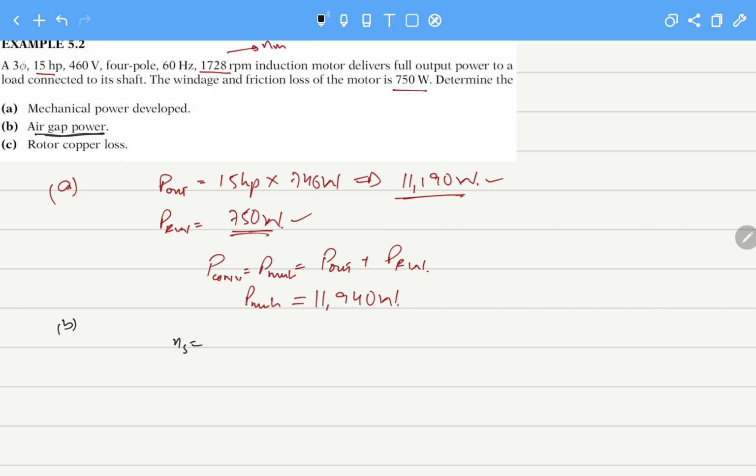The synchronous speed is given as 120 F over P, where F is electrical frequency and P is the number of poles, and we get 1800 RPM. Then we can calculate the slip. It is N synchronous minus N mechanical divided by N synchronous, and the slip becomes 0.04.